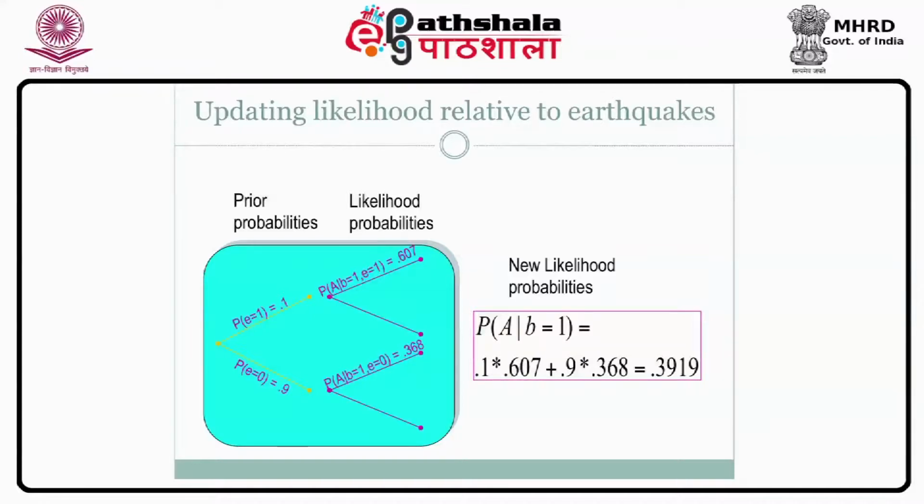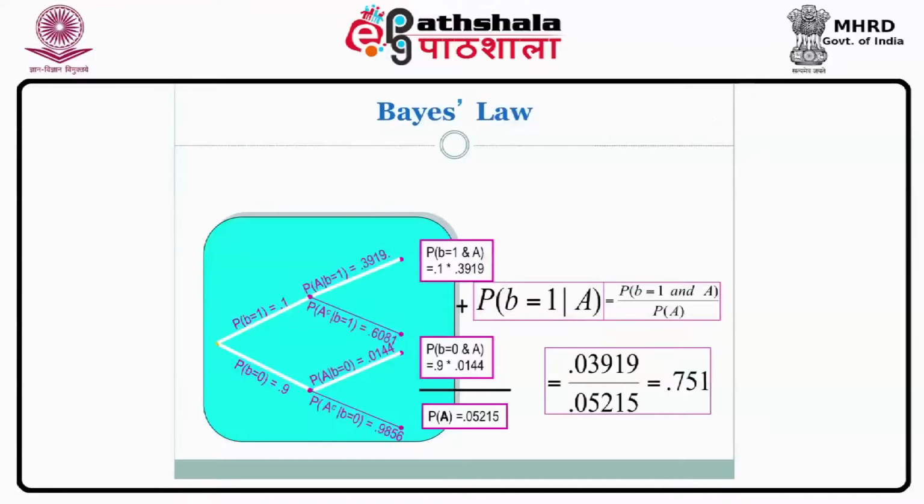Similarly, we can combine the probability B equals 1, 0.1, multiplied by this conditional probability, to get the other one, the probability of A complement given B equals 1. So it is the joint probability of A complement and B equals 1, that means burglary occurs but the alarm doesn't ring. We can compute that probability, and similarly the other two probabilities here and here.